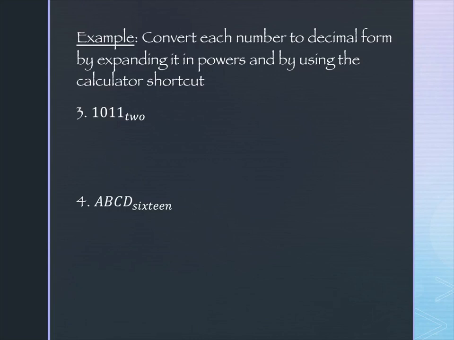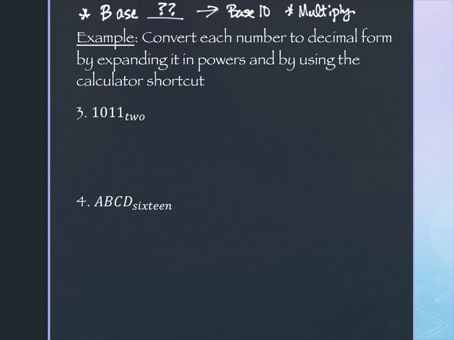Now, this is taking their number, the other base's number, and putting it in our form. So I'd like you to make a note to yourself, something like this: when we go from base, you can put a question mark here, into base 10, we're going to multiply. It's all about multiplication.